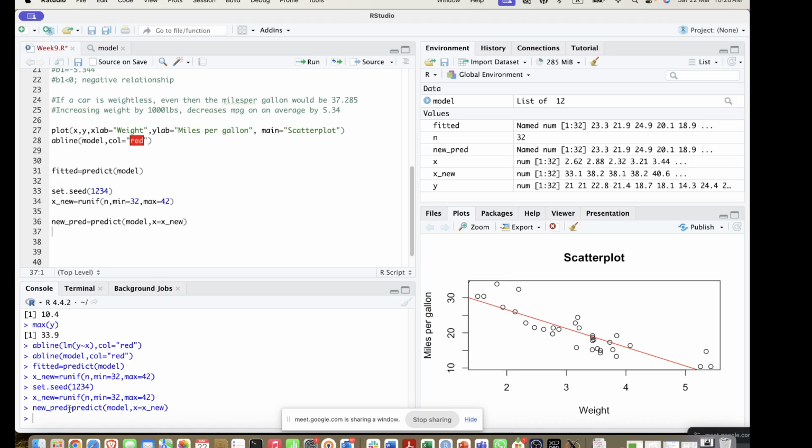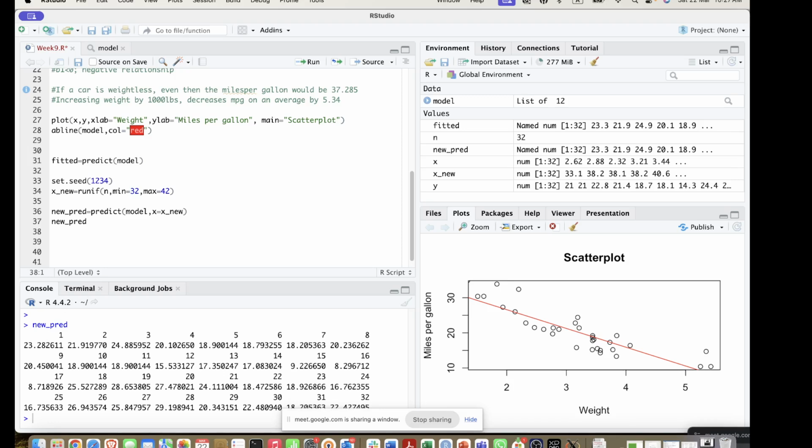Okay, so new predictions for this new set of x's is this thing.